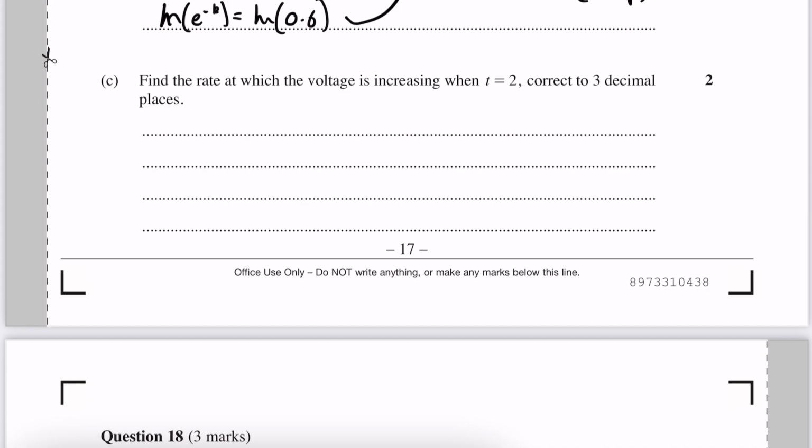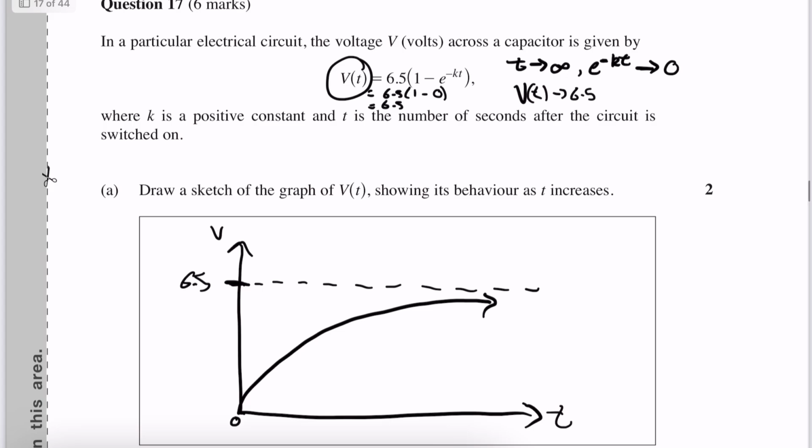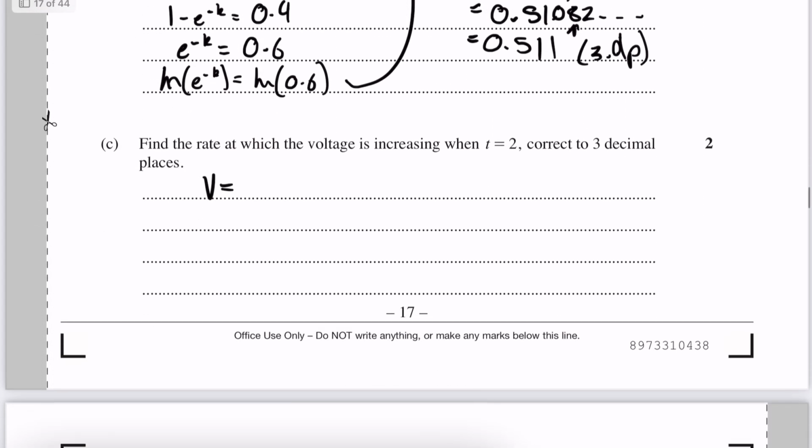And the final question says, find the rate at which the voltage is increasing when t equals 2, correct to 3 decimal places. So we want the rate, okay? And the rate is dV/dt, which means we need to differentiate this graph, okay? Before I differentiate, I'm just going to expand V. So we know V equals 6.5 outside of 1 minus e to the minus kt.